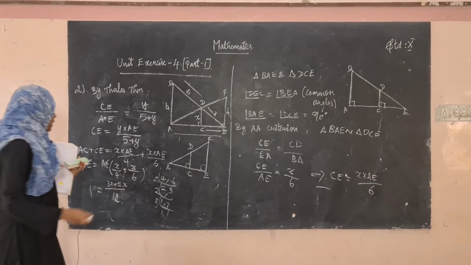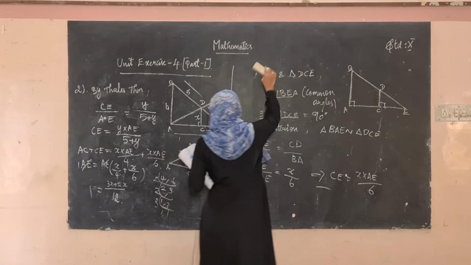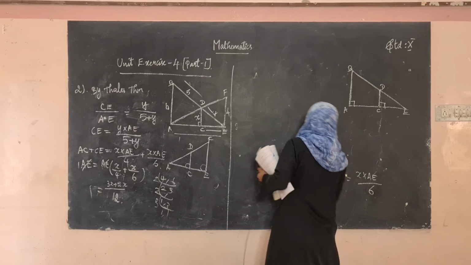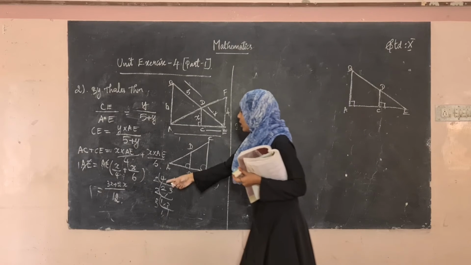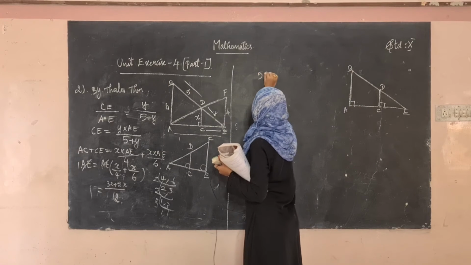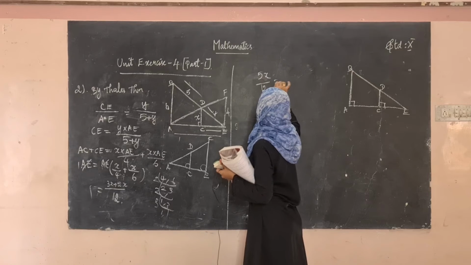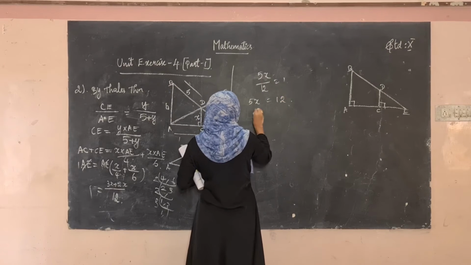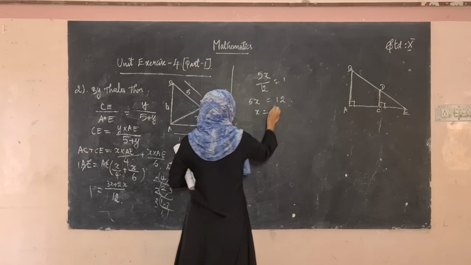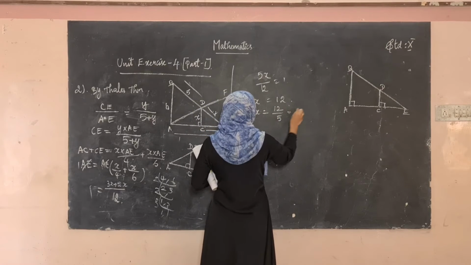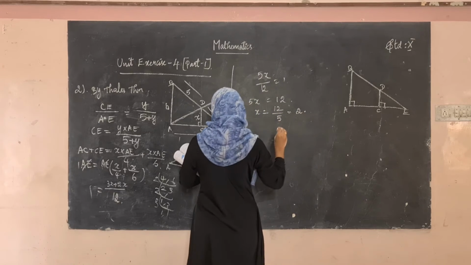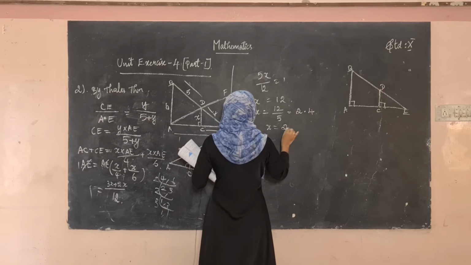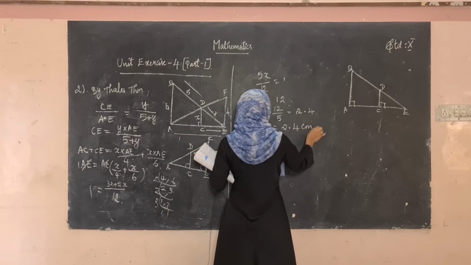So 5x divided by 12 is equal to 1. That is 5x is equal to 12. Then what's the value of x? 12 divided by 5, which is equal to 2.4. So x is equal to 2.4 centimeter.